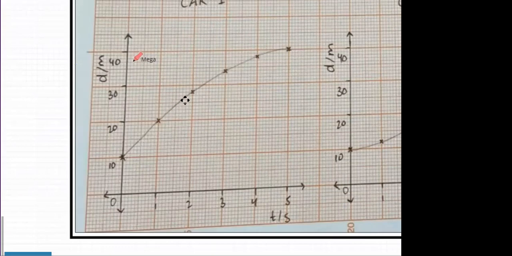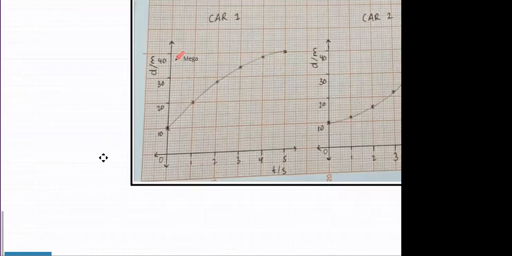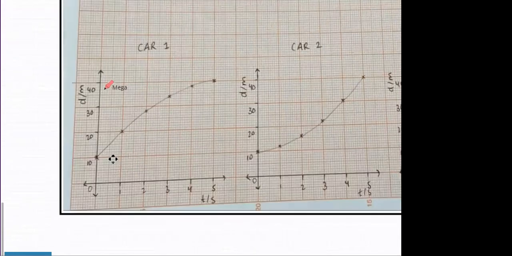And you can see when we make the distance time graph, it has a decreasing gradient. The graph is steeper in the beginning, and then the steepness is gradually decreasing, and it almost becomes flat at the top. So decreasing speed on a distance time graph has a decreasing gradient.